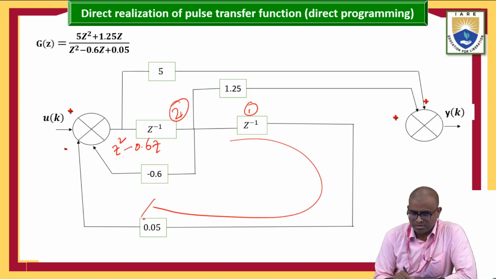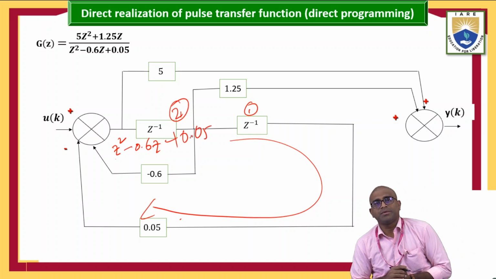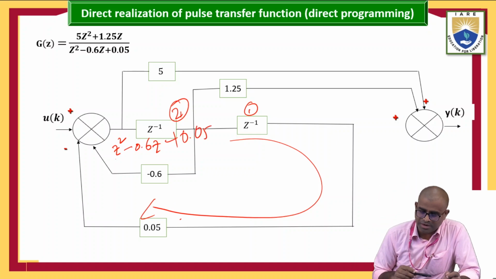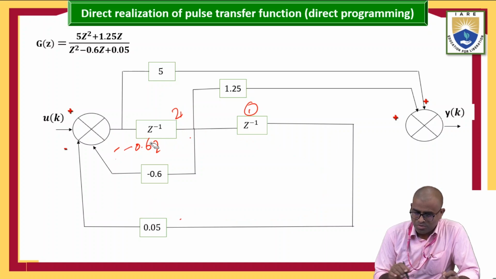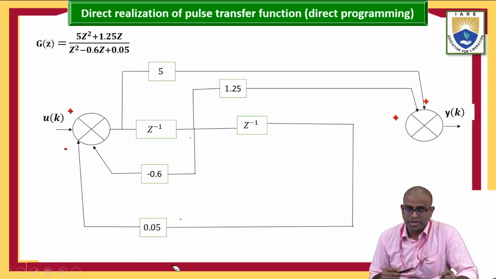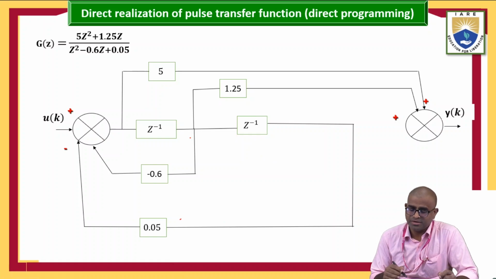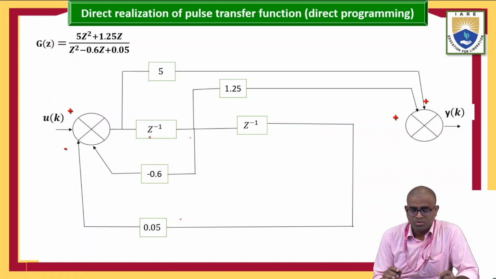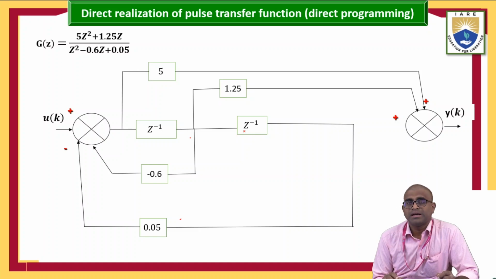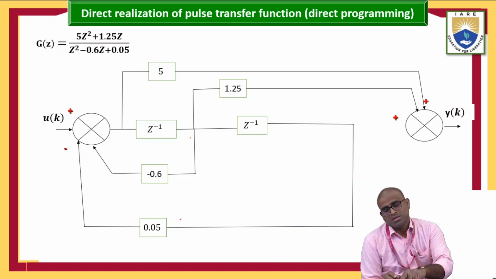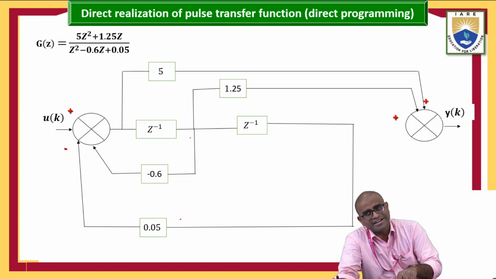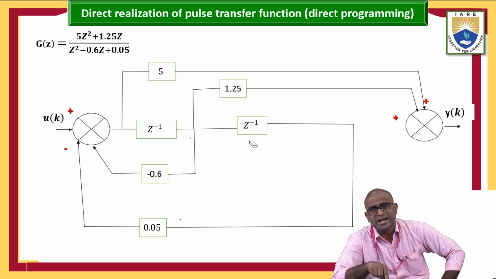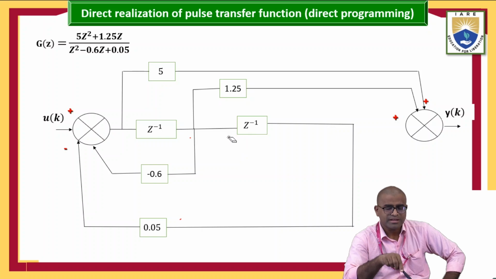Next, coming to here, plus 0.05. This is the denominator part. Now, going to the numerator part. 5z square, that is nothing but 1, 2. 1z square, first z, and that is nothing but, if you take the inverse transform, it is coming as z. These two are in cascade.